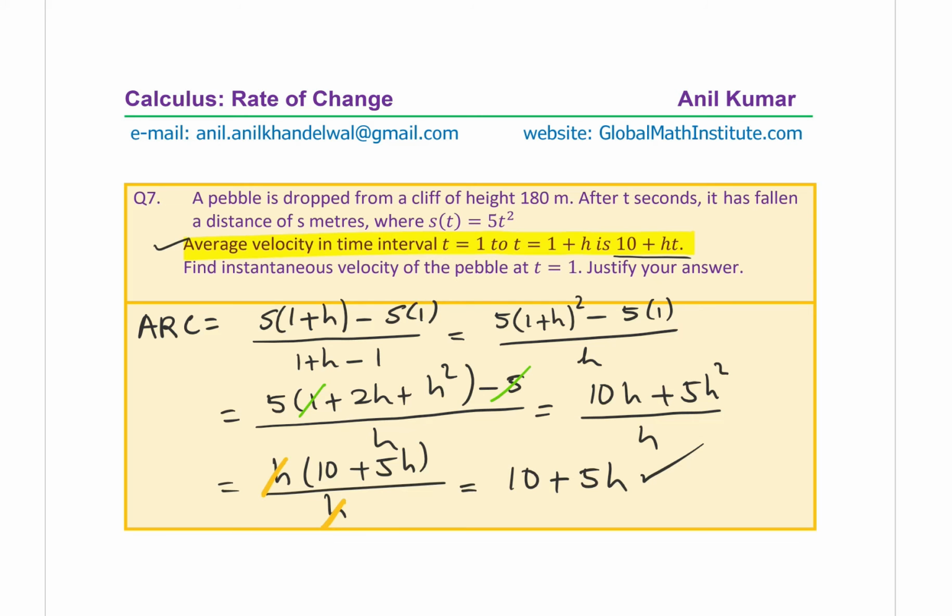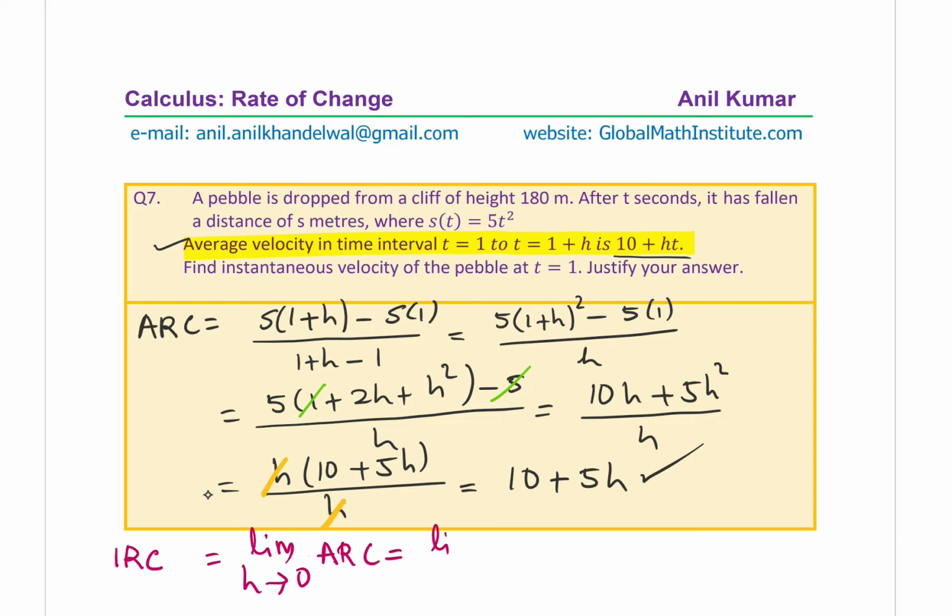Now the last part is find instantaneous velocity of the pebble at t equals 1. So when we say instantaneous, what does it really mean? So instantaneous rate of change is what? It is only the limit when h approaches 0 for average rate of change, correct?